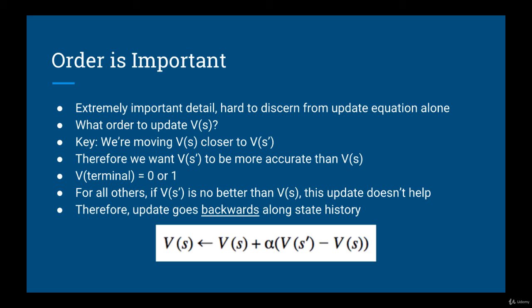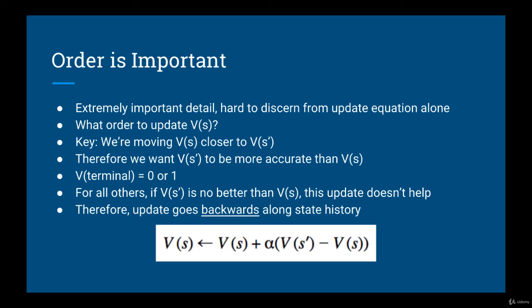One extremely important detail that's also extremely difficult to discern, given only the update formula, is the order in which you have to update the values for any given state. We know that for any particular episode, we're only going to be updating the values for the states that were in the episode. But the key with this equation is we're moving V of S closer to V of S prime.